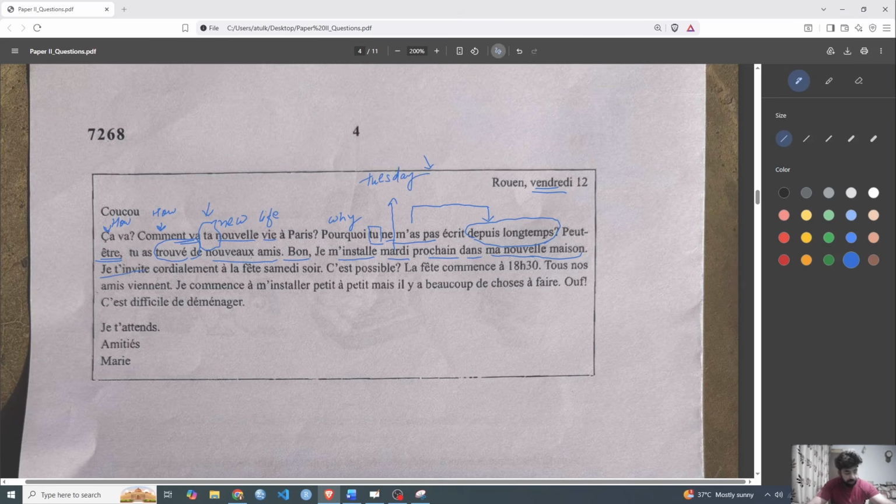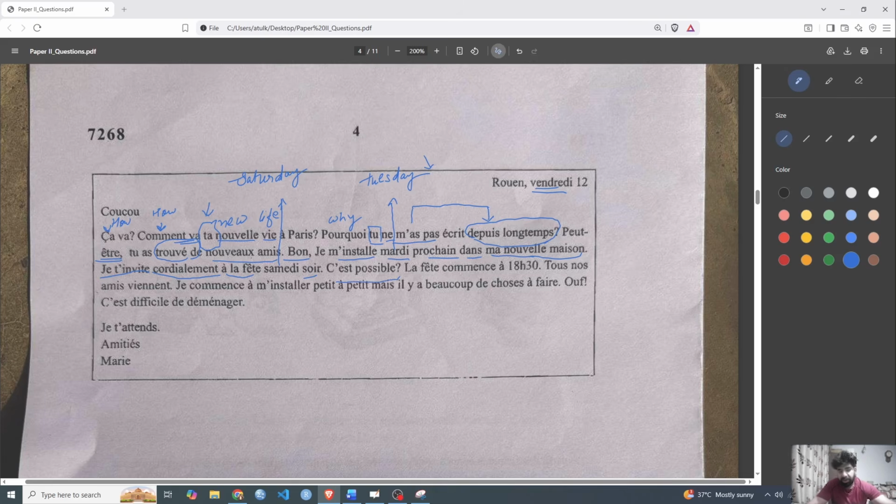So j'invite, I am inviting you to a party on Saturday evening. Okay, so she's saying that I am moving to a new house on Tuesday. That's why I'm having a party at my place. She has not yet mentioned the place, but we are assuming because the letter came like that, and the instructions were like that. So she's inviting you to the party on Saturday evening.